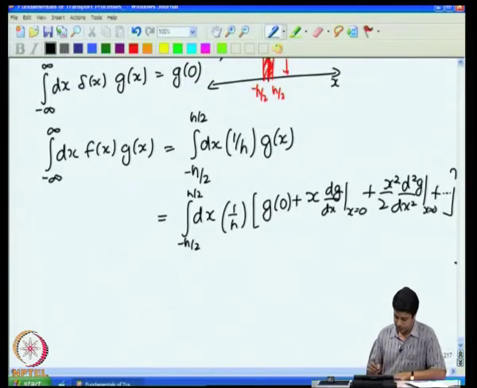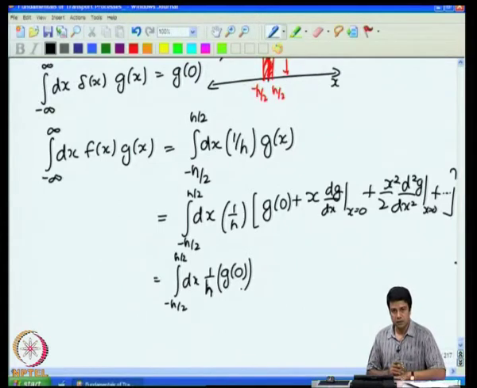The first term is equal to the integral from minus h by 2 to h by 2 dx of 1 over h times g of 0. Within the integral, there is g of 0 which is a constant and 1 over h which is a constant. So, I am just integrating a constant from minus h by 2 to plus h by 2.